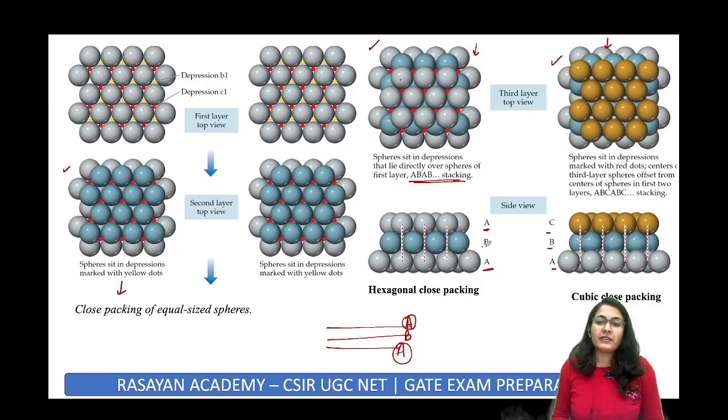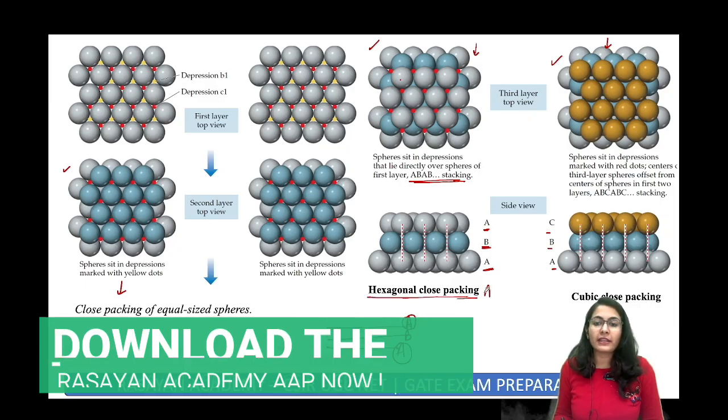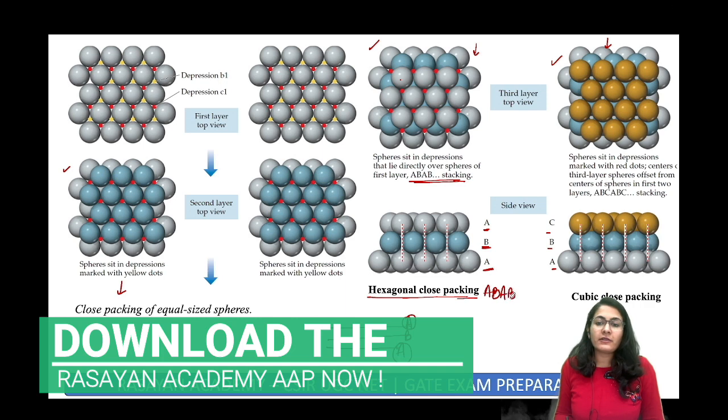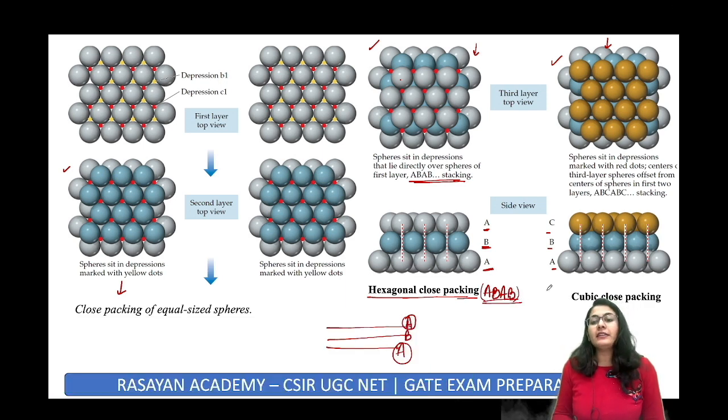The ABAB system is the hexagonal close packing system, and the ABC is the cubic close packing system. This is what you have to remember. Given that we are considering close packing of equal sized spheres. So these are equal sized spheres.